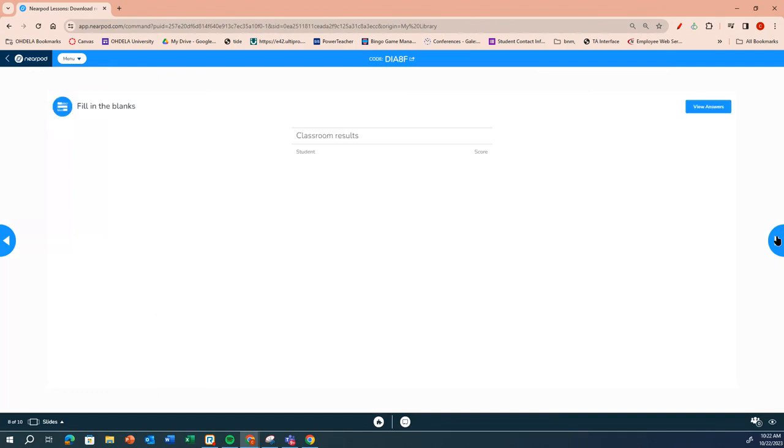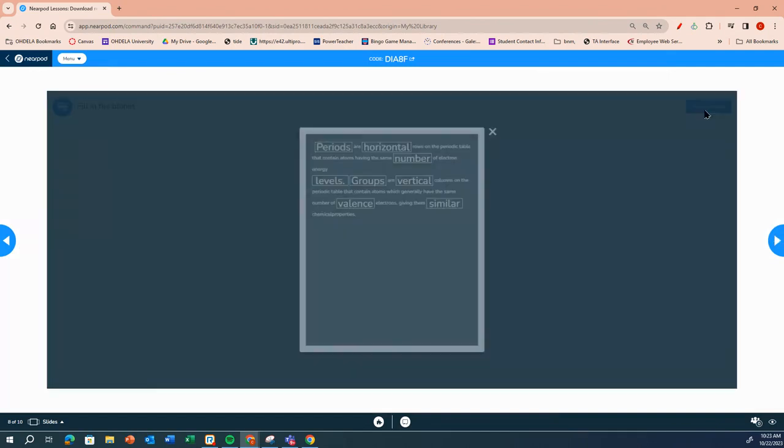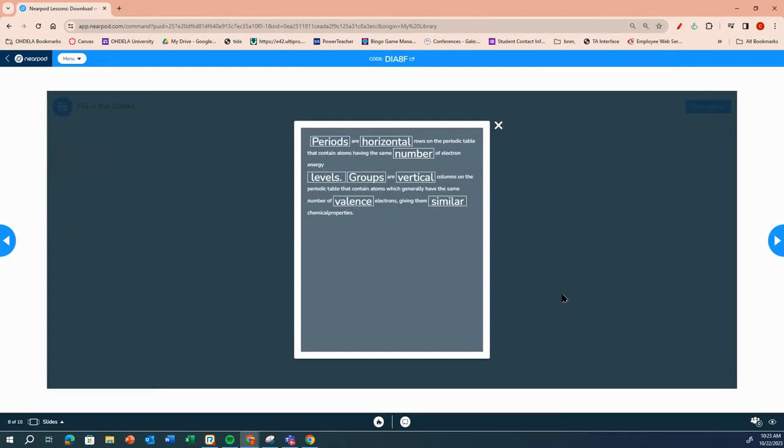All right, so here is another fill in the blank. Periods are horizontal rows on the periodic table that contain atoms having the same number of electron energy levels. Groups are vertical columns on the periodic table that contain atoms which generally have the same number of valence electrons, giving them similar chemical properties.